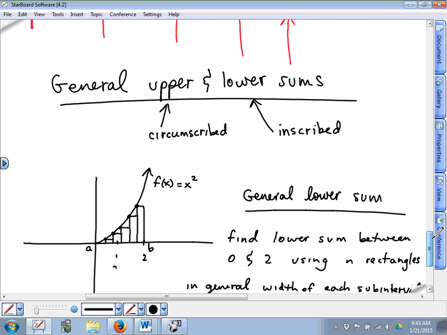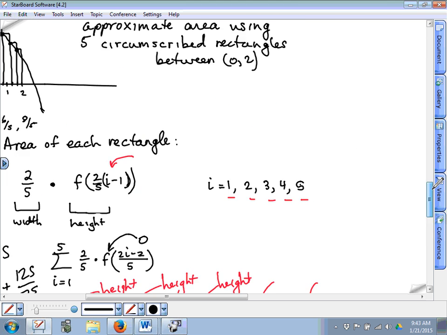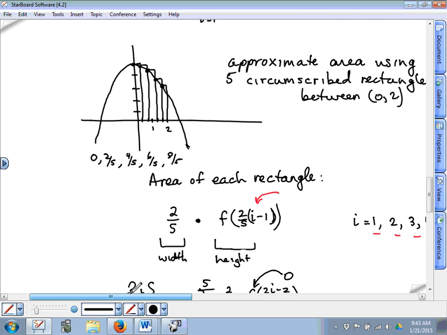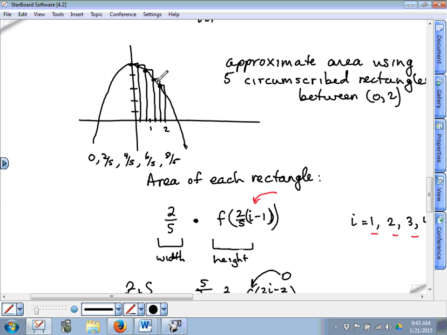Let me go back to this last example that we just did here. In your notes, take a look at this example, you guys. The circumscribed one that we did. Wasn't the left side of each of these rectangles also on the function? If it's the left side of each rectangle that's on the function, we had to have this i minus 1. Because if we're starting on the left side of each rectangle, the very first value we're going to use as an input is 0. Remember that?